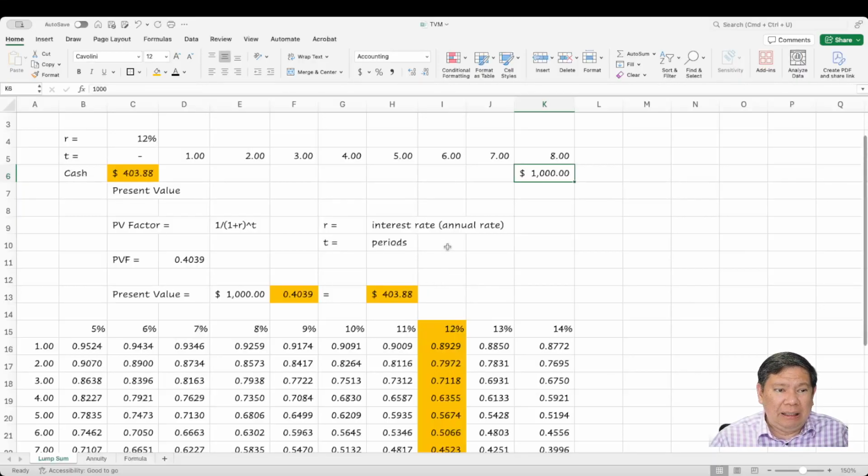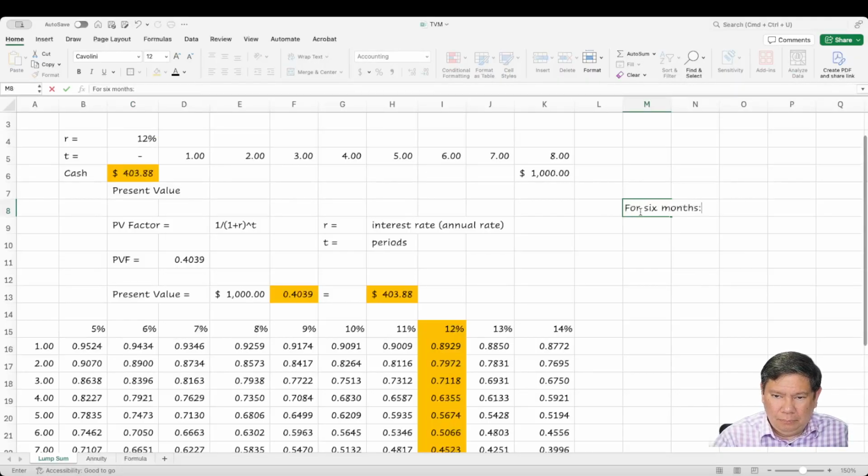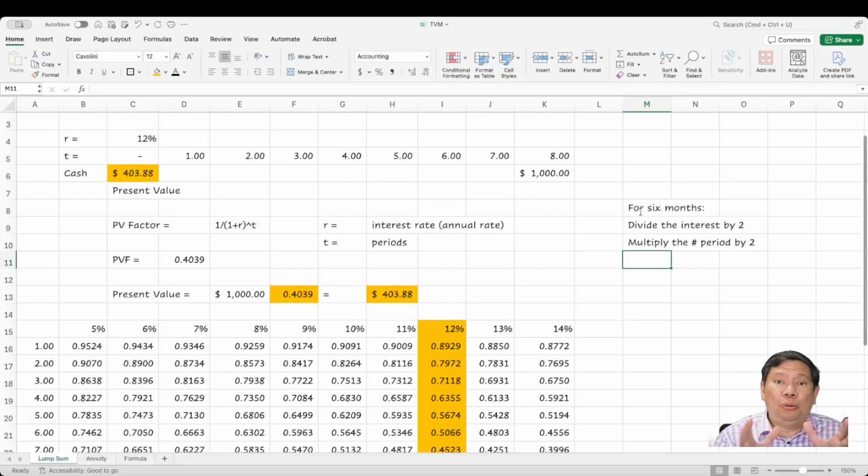If you do every semester or every 6 months, you have to divide the interest rate by 2, and you multiply the number of periods by 2. So 12% and 8 years becomes 6% and 16 semesters.